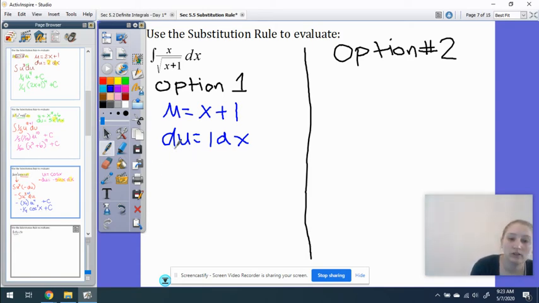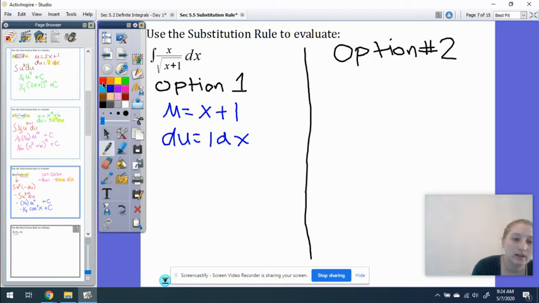So that shows me that I'm going to end up having in the numerator here, that's an x, and I need to get rid of my x's and put u's. So if I look at this first equation here, if I subtract the 1 over, then u minus 1 is equal to x, right?